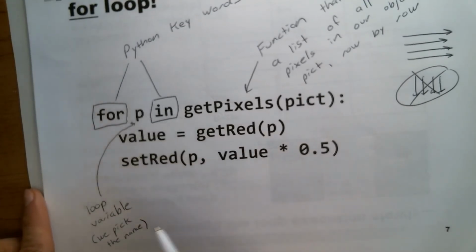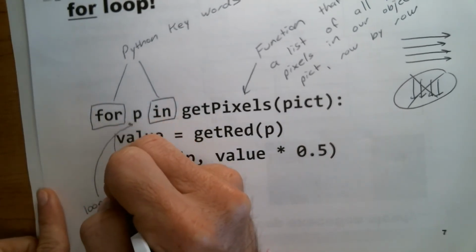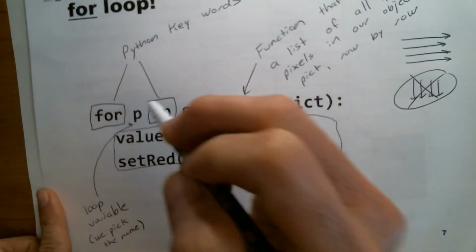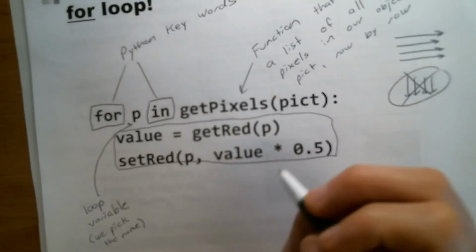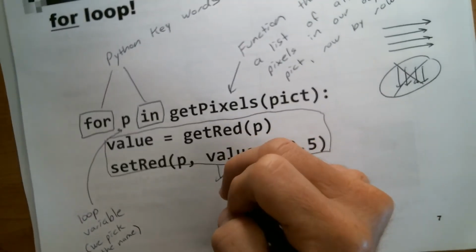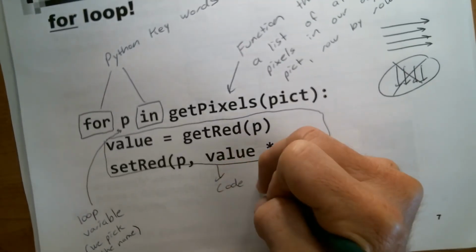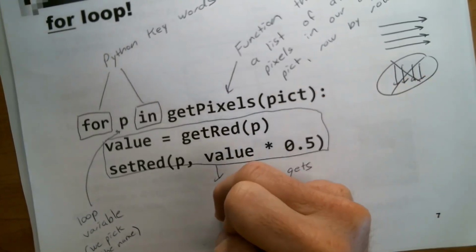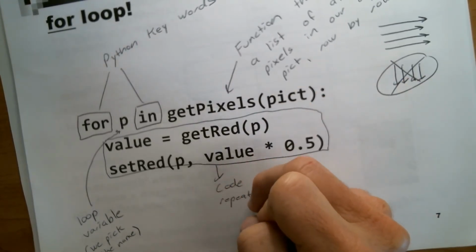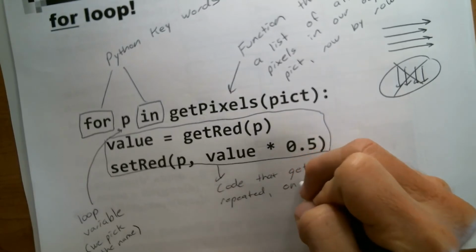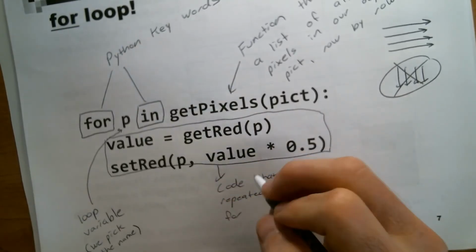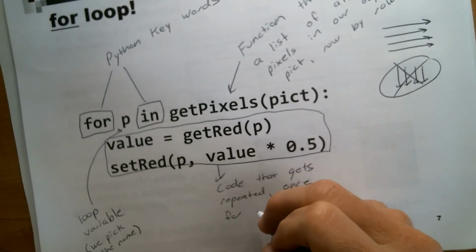All right, so this right here, all of this, is the code that gets repeated once for each pixel.